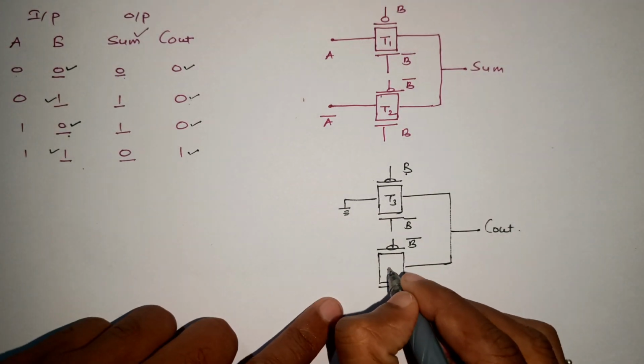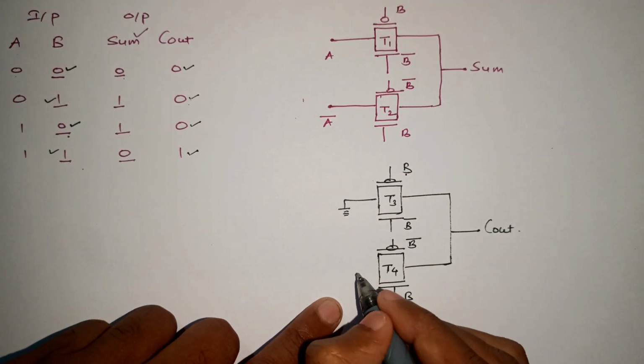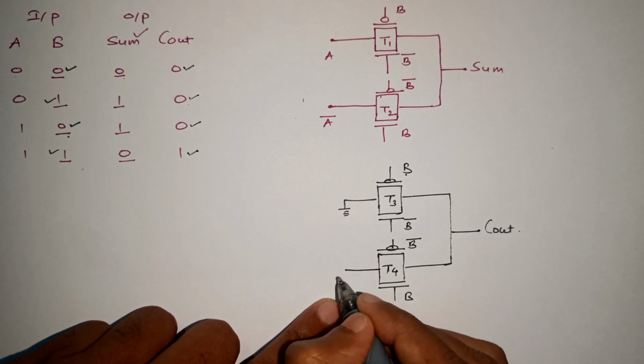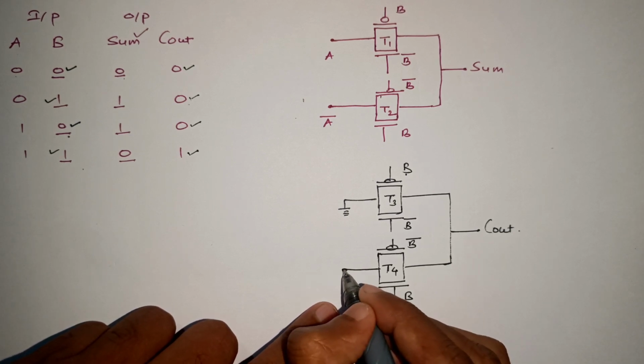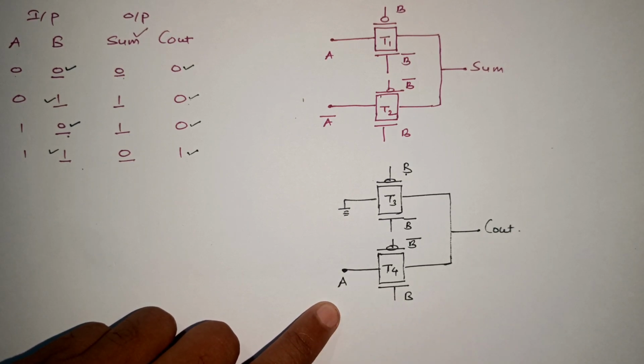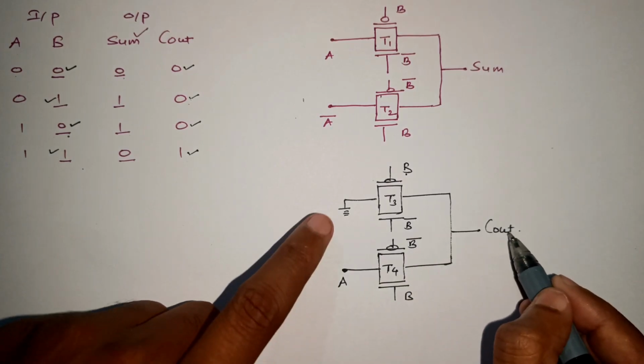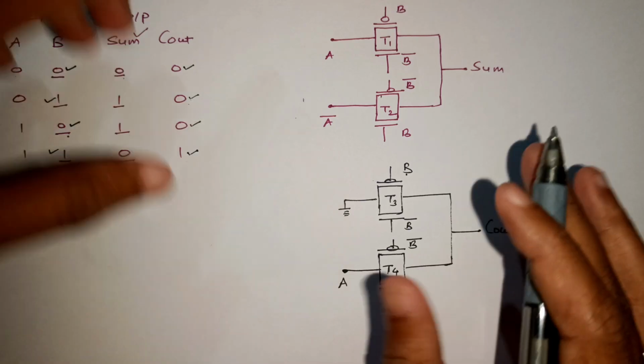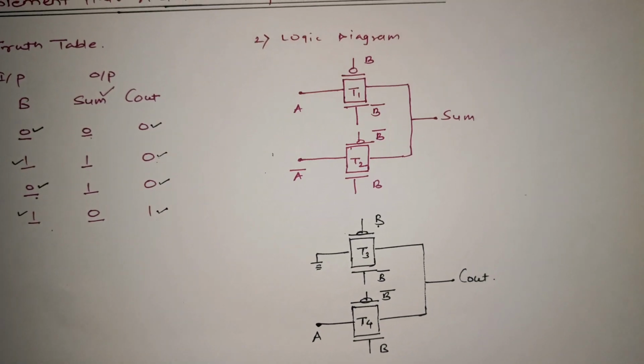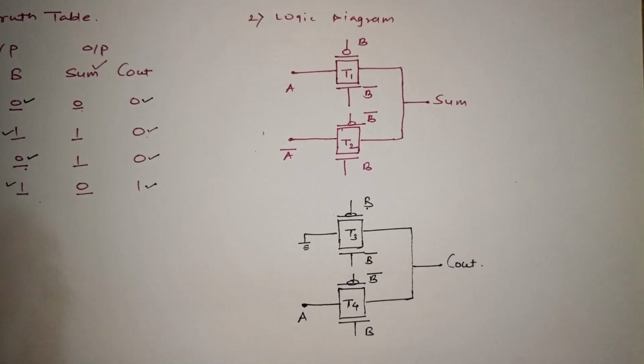Based on that, when B is equal to 1, T4 will turn on and it will be connected with logic A. So C out is equal to A when this is turned on, C out is equal to 0 when T3 is turned on, and this becomes our half adder implementation using transmission gates.